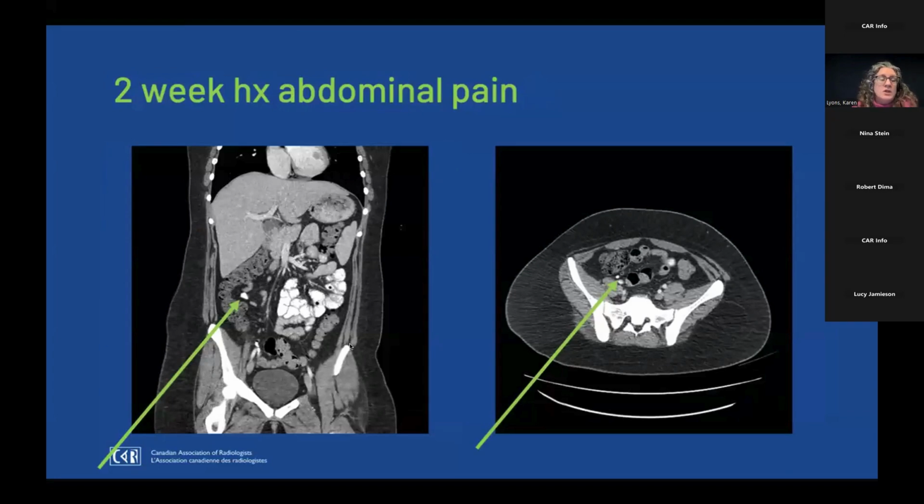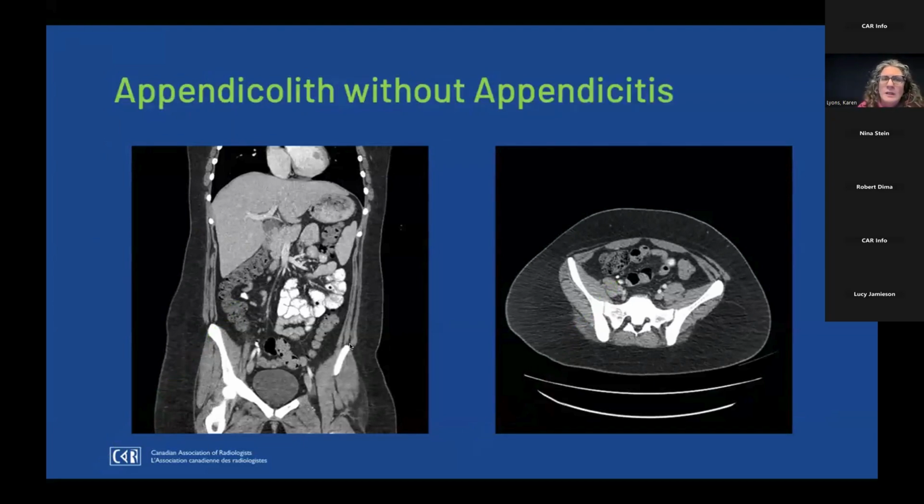Here is a 15-year-old with a 2-week history of abdominal pain, and this CT just shows an appendicolith, but the appendix is completely otherwise normal with no stranding and wall thickening. So this is a case of an appendicolith without appendicitis. And an appendicolith is seen by ultrasound or CT in 15 to 30% of cases of pediatric appendicitis.